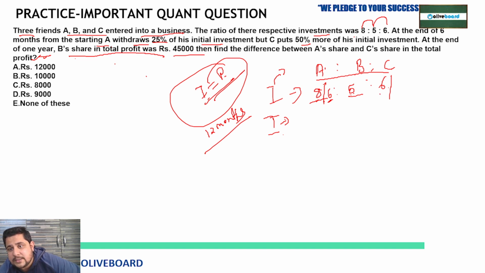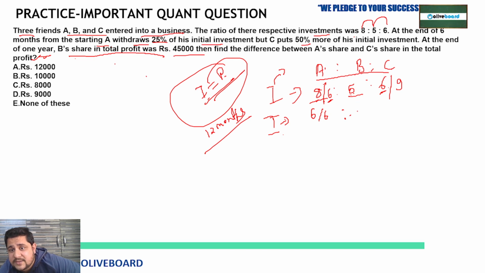So now C is increasing the amount by 50%. Earlier it was 6, so 50% of 6 will be 3. So 6 plus 3 means 9. Now time for A is 6 months, then next 6 months. We are taking the time ratio also here like this.